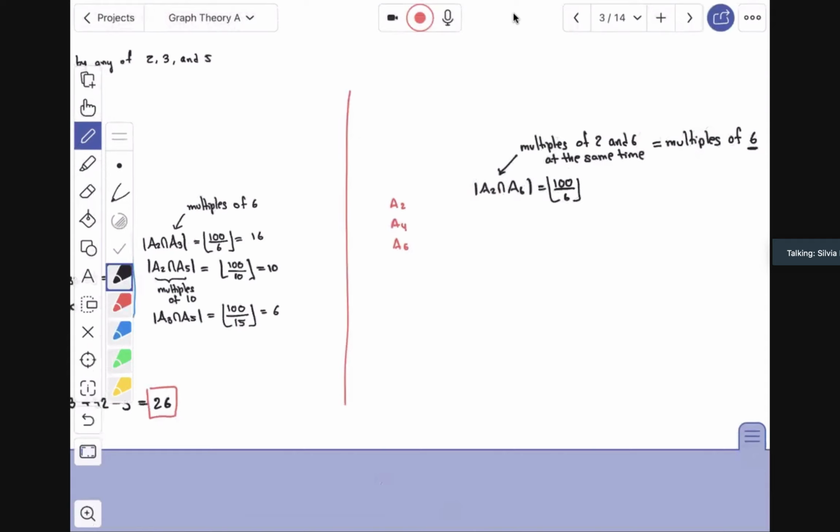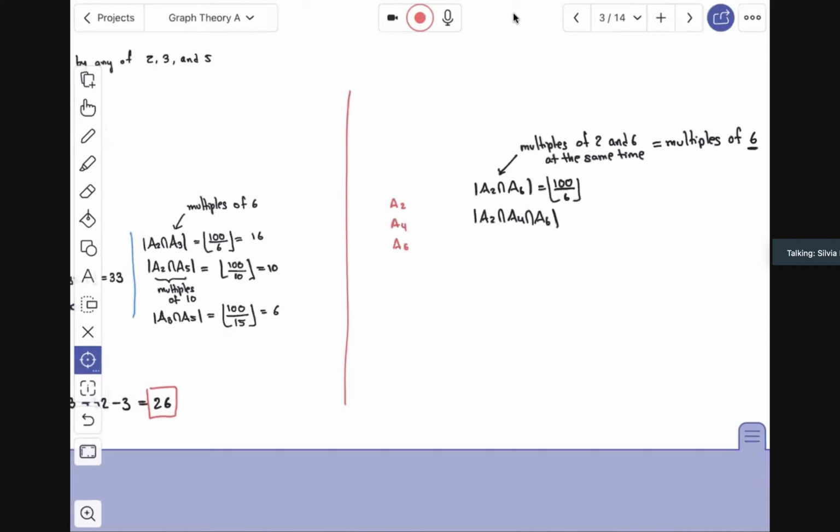Same thing when you do A2 intersection A4 intersection A6. What does it mean? It needs to be a multiple of 2, of 4, and of 6 at the same time. So we look at the multiples of 12. Yes, the least common multiple, that's 12.